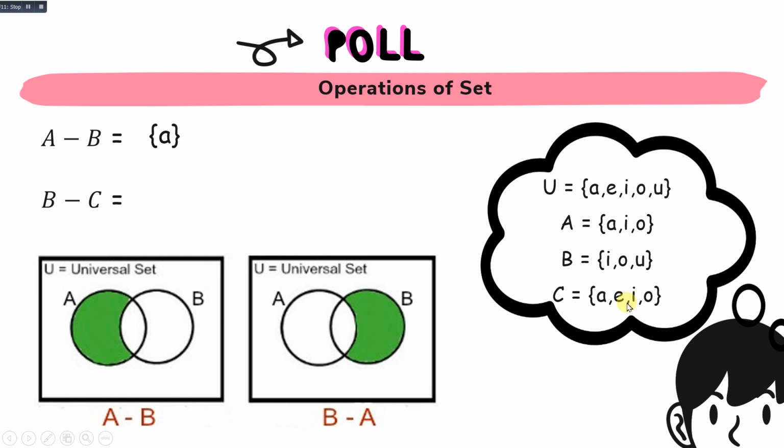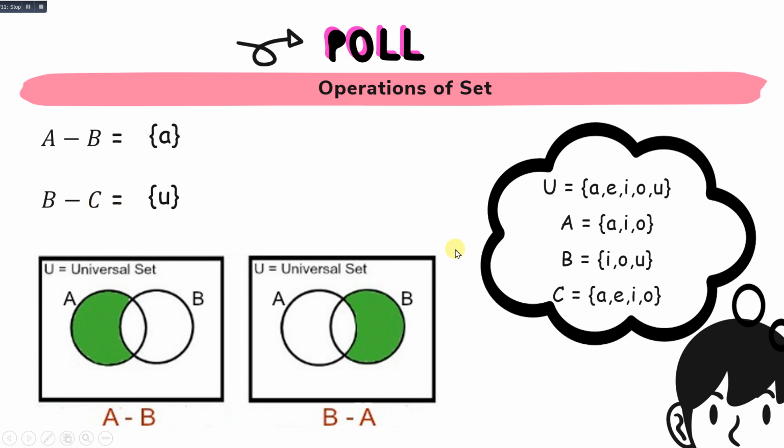We have O in B, and we have O in C, so we cross that out. What is left is the element U. That is why the difference of sets B and C is the element U. Okay, that is the difference.